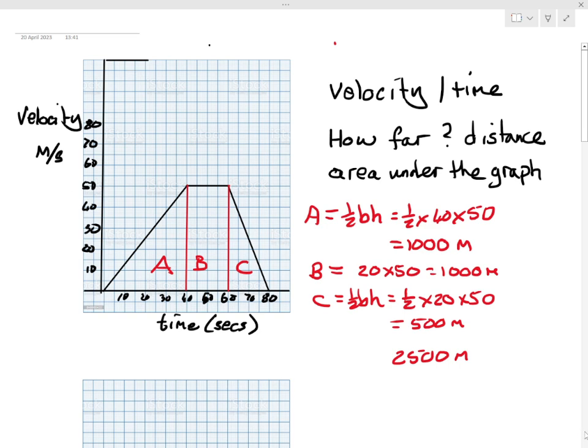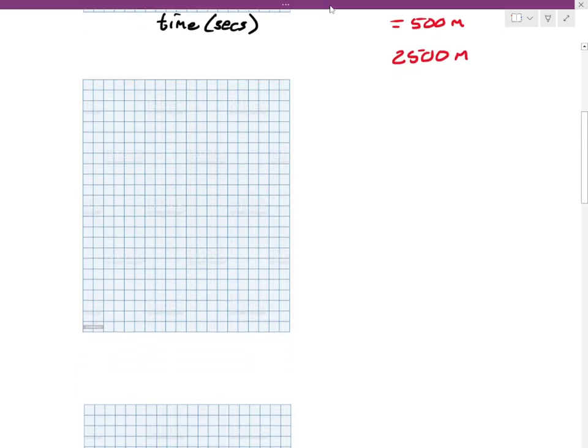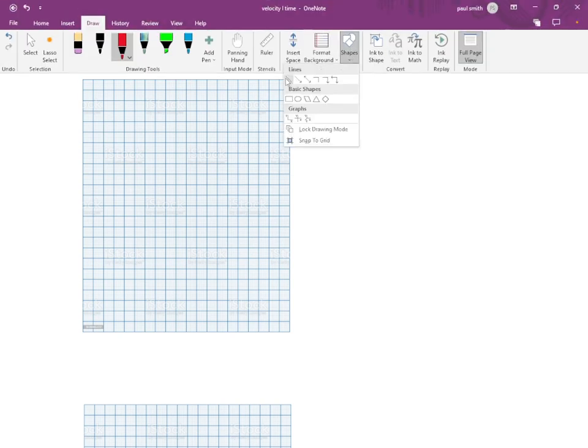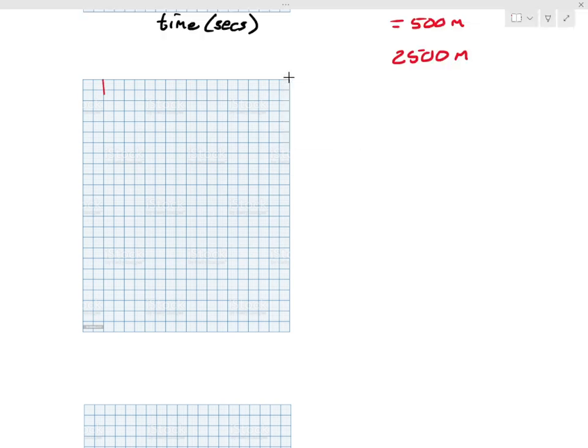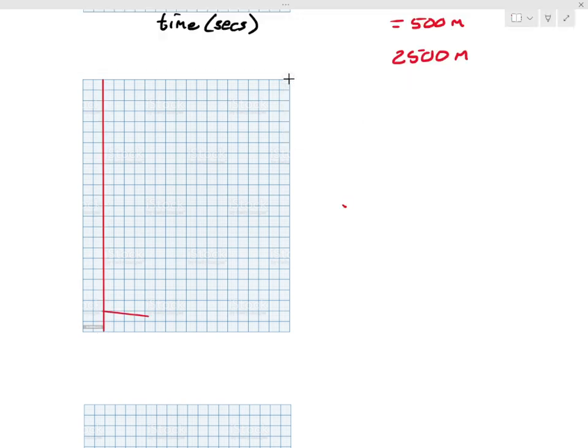Right, the next kind of question they can give you is, whilst I'm filling this all in, well, we're changing colours as we go along. Never mind. Let's do this. So we've got the time again, and we've got the velocity in meters per second, and this is in seconds.